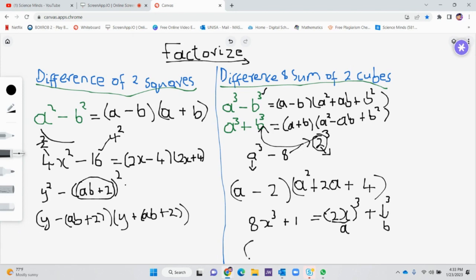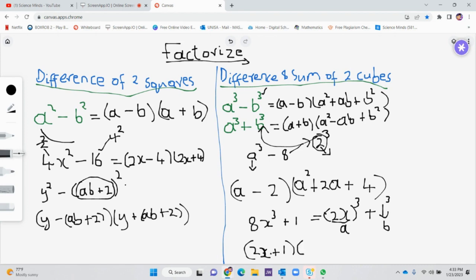So substituting into our formula. This is a sum of 2 cubes. So a is 2x. So we're going to have 2x plus our b is 1. And the bigger bracket is going to be a squared.